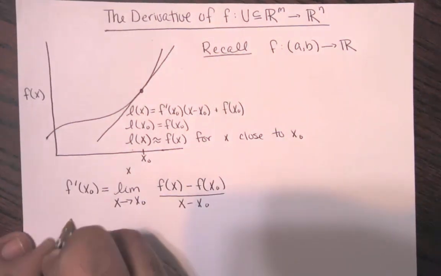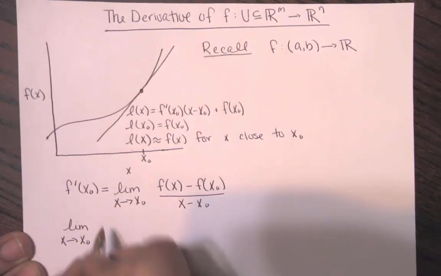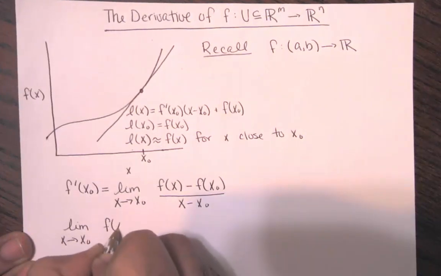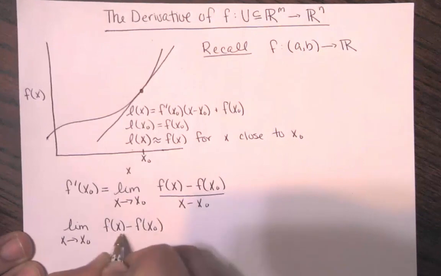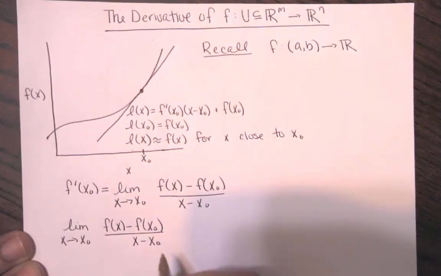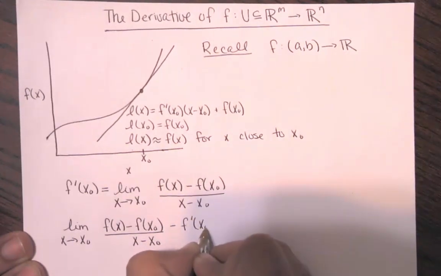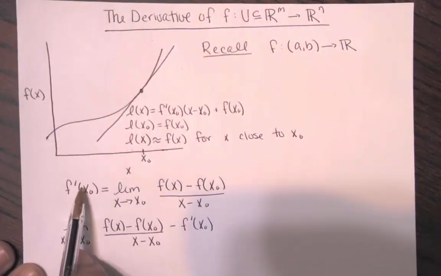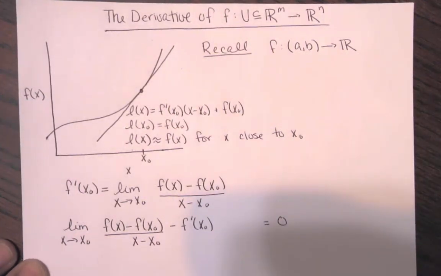Put another way, the limit as x approaches x naught of f of x minus f of x naught divided by x minus x naught minus f prime of x naught. In other words, if I take this and subtract it to the other side, I get 0.